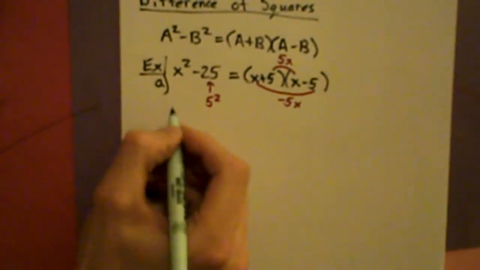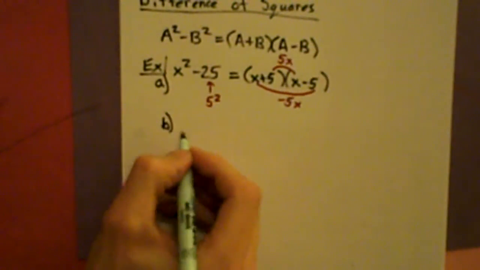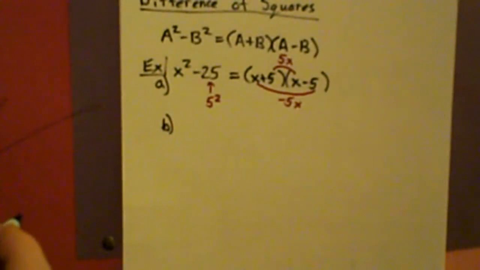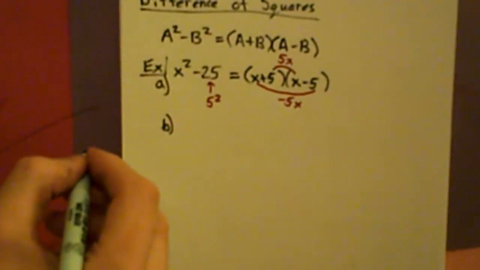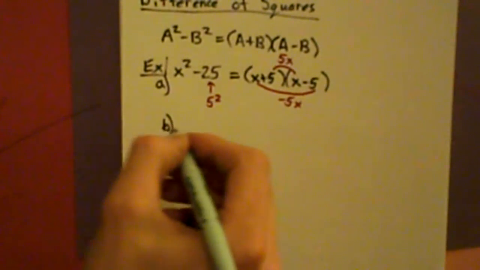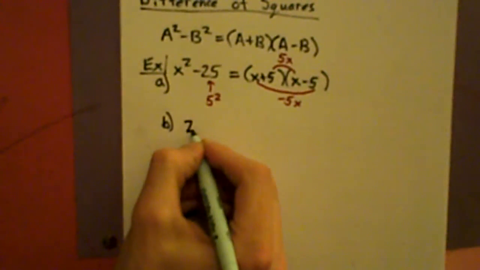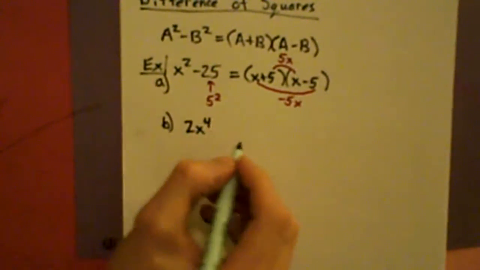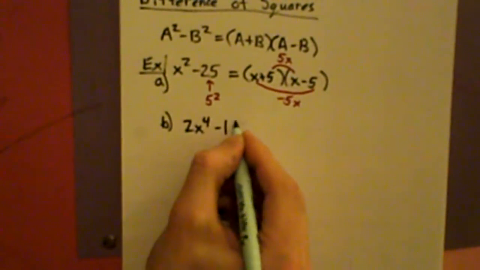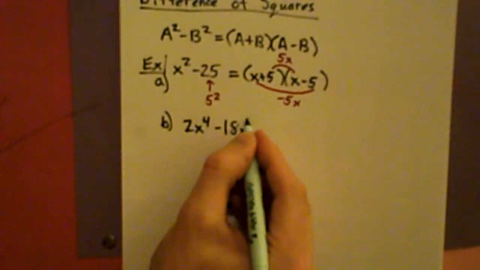If that was example A, example B here, let's say one that's a little bit tougher. How about 2x to the 4th minus 18x squared?